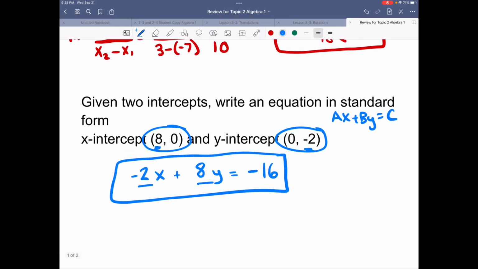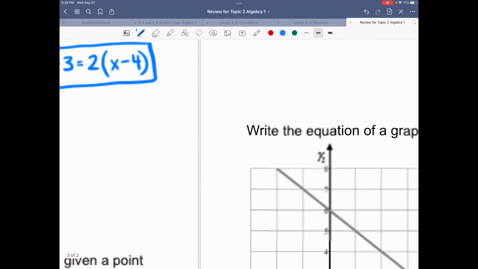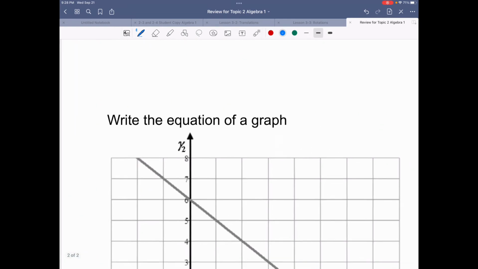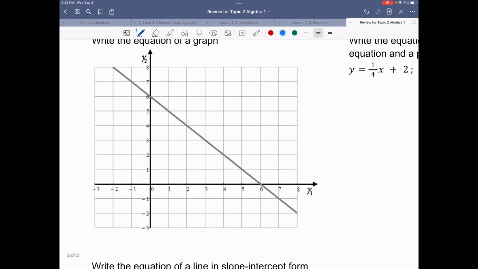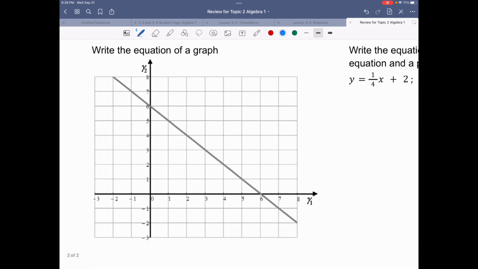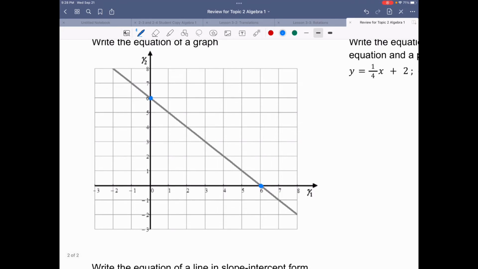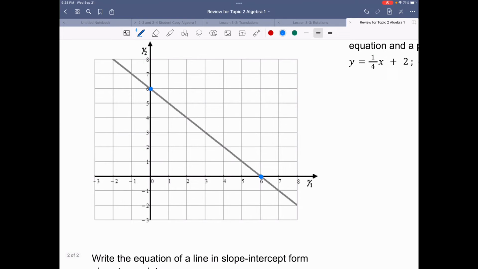And that is the bottom of page 1. So let's turn the page. Write the equation of this graph, and they didn't tell us how to write it. So I'm going to use these intercepts, 6 and 6. So if they're both equal to 6, then I could say that my multiple is 6, so equals 6.